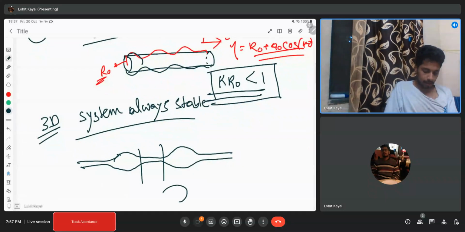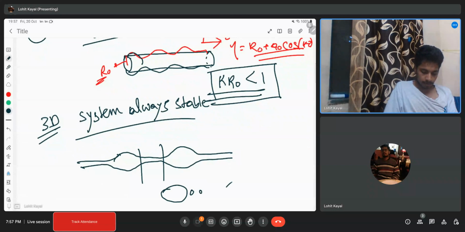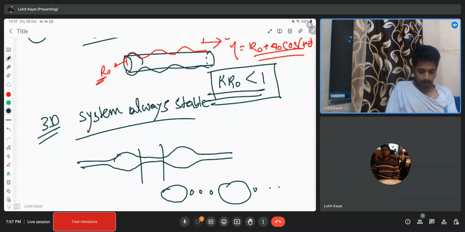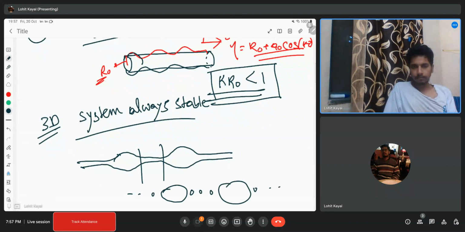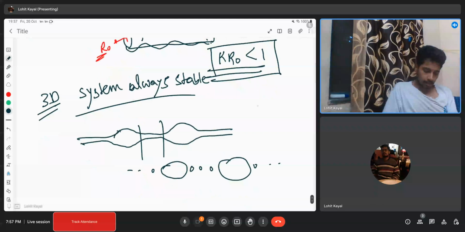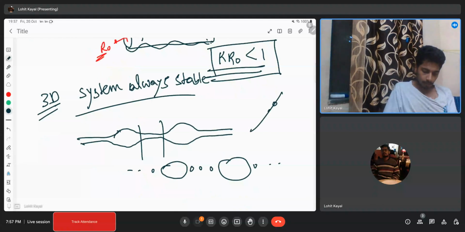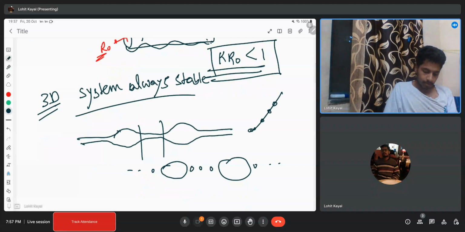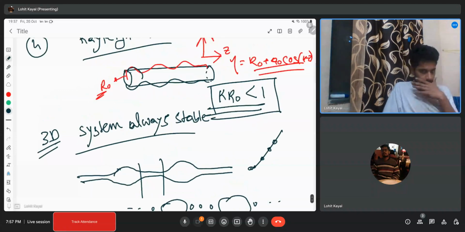It will create some droplets like this. You can see this phenomenon on the spider web. On the spider web, you might have seen small droplets. These droplets appear because of the Rayleigh-Plateau instability.